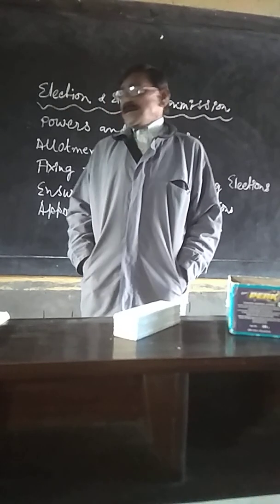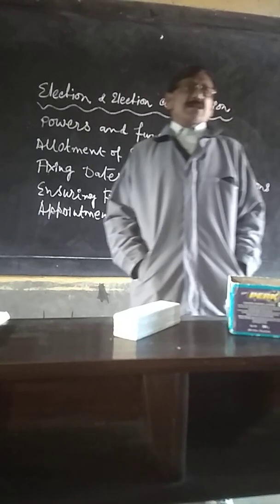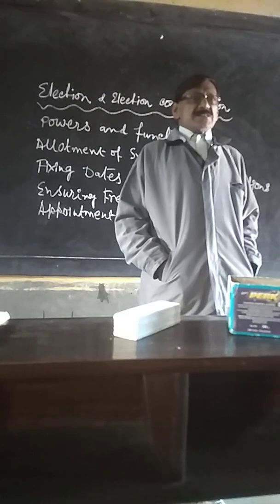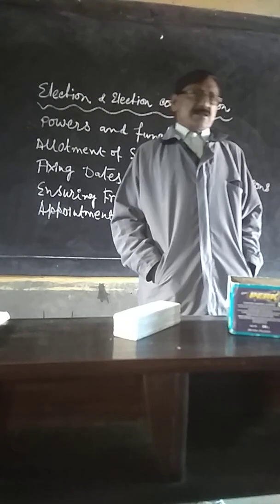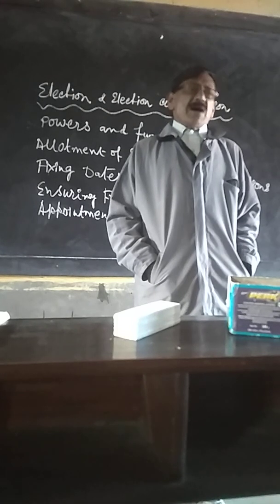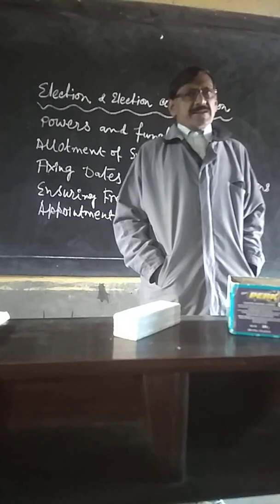By this way, the appointments are done, and the polling officers are appointed by the regional election commissioners. Each and every state has one regional election commissioner, by whom the polling officers are appointed for their respective state.